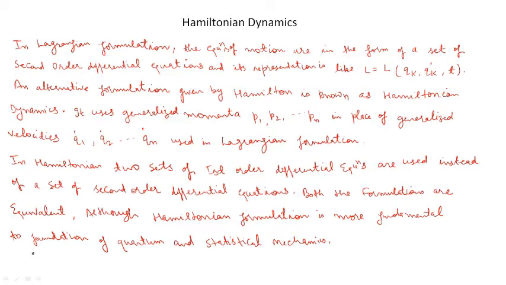So for n generalized coordinates and n generalized velocities, we can write the Lagrangian in a more general form as L is a function of q1, q2, qk, qn, q1 dot, q2 dot, qk dot, qn dot, and time.